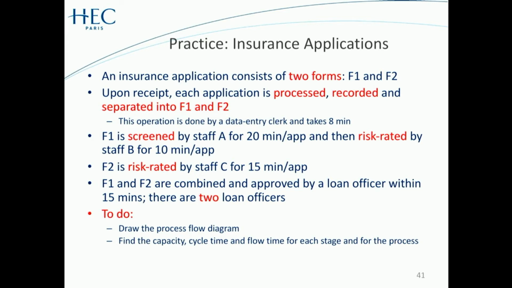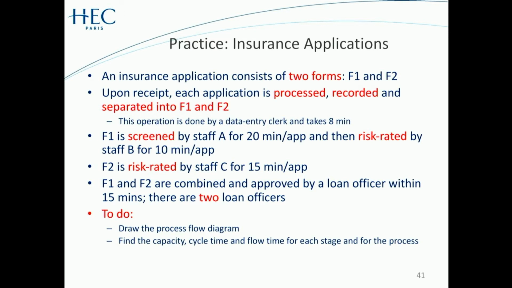So in this example, an insurance application is considered, which consists of two forms: Form 1 or F1 and Form 2 or F2. The rest of the example describes the process in which, upon receipt, each application is first processed, recorded, and separated into Forms 1 and 2. This is done by a data entry clerk.